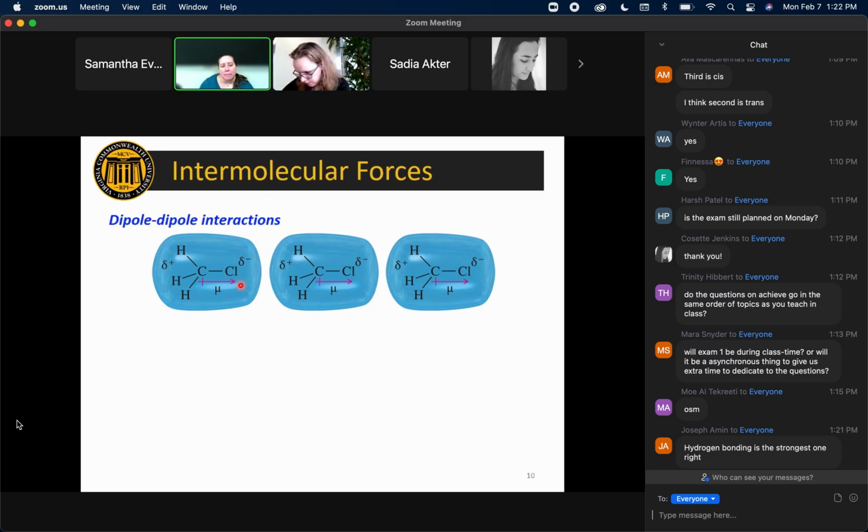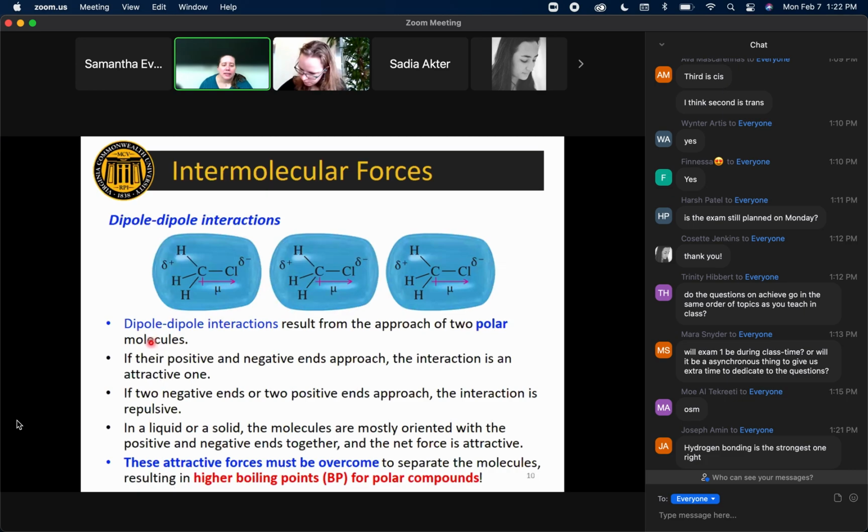So what happens when you put a bunch of these molecules together in a bucket is that they organize themselves for the most part like this, so that you have opposite charges attracting each other. The negative end of one will bump up to the positive end of another, and it'll just keep going on like this. These are what's called dipole-dipole interactions, and that's what happens when you have two polar molecules interacting with each other.